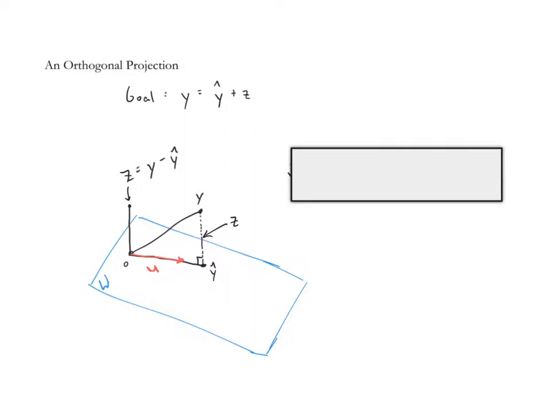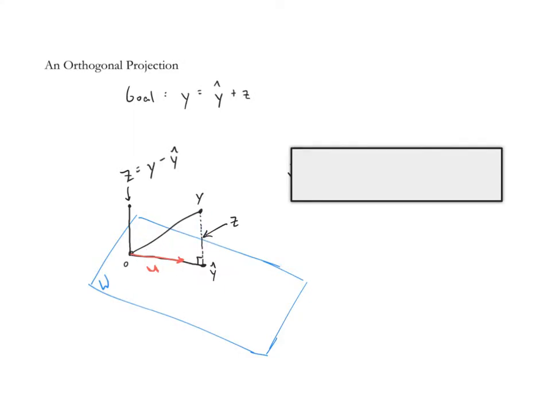And the other one, z, is orthogonal to u. These two vectors are orthogonal to each other over here. They're also orthogonal over here. Okay, and if I add y hat plus z, I get the vector y, tip-to-tail addition. That's how addition works, right? So that's the image that we're looking at.